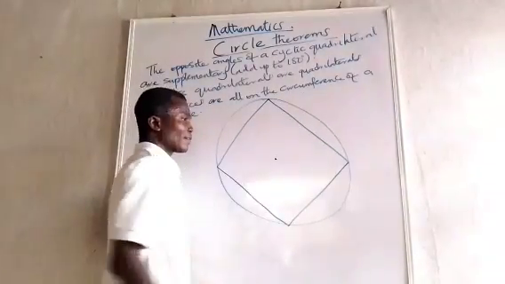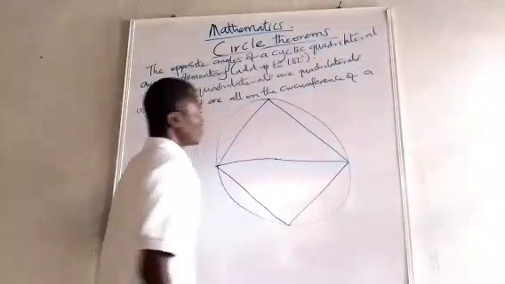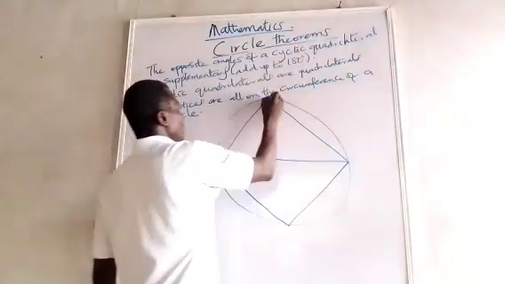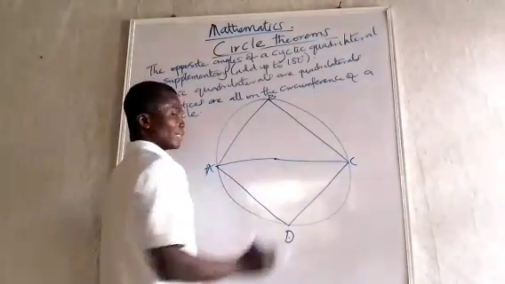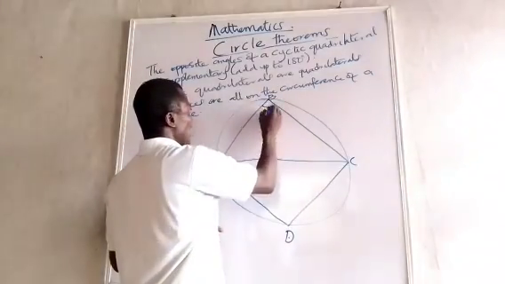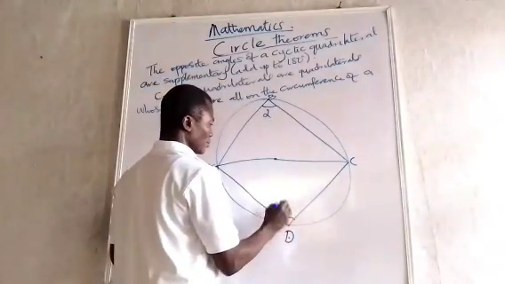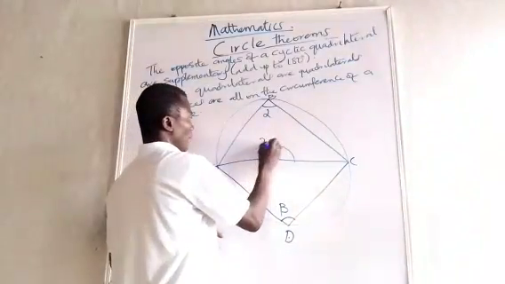Now, look at this. Let's label A, B, C, D. We know that the total angle here is 360. Now, let's call this place alpha. Let's call this place beta. We can say that this place is 2 beta.